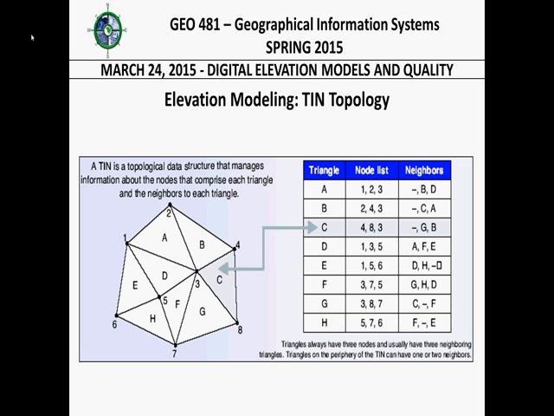And it's called an irregular network because the triangles aren't the same. The shape of the triangles depends on the lay of the land.